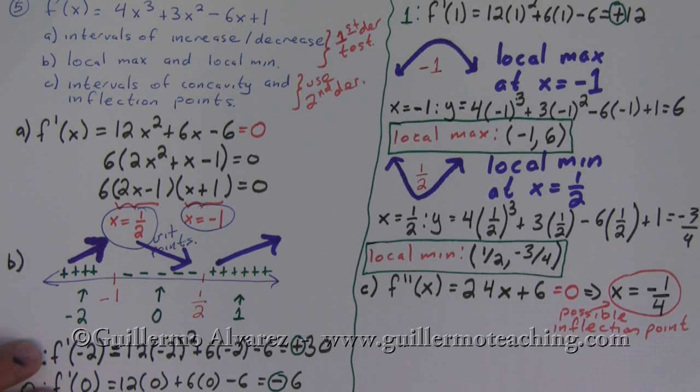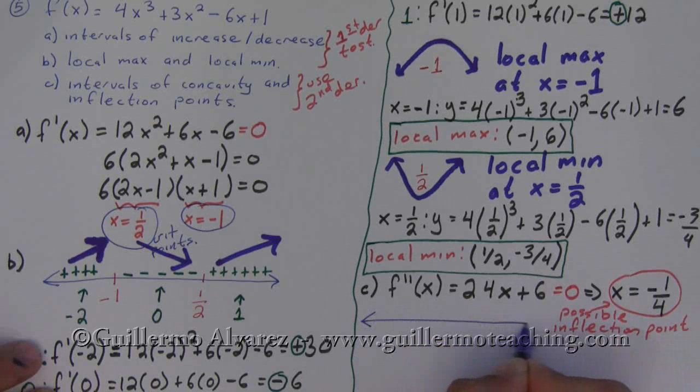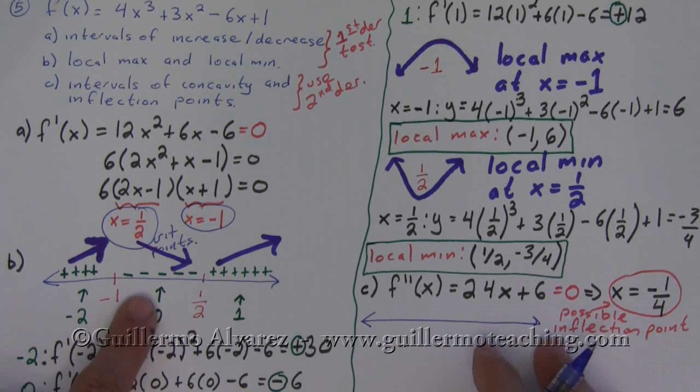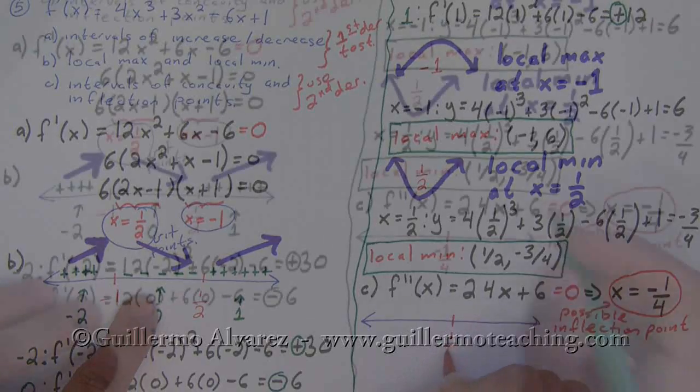Okay, so then to figure out if it is an inflection point and if it changes concavity or not, we do the number line exactly like we did here, except that this time we only put one value, which is our possible inflection point.